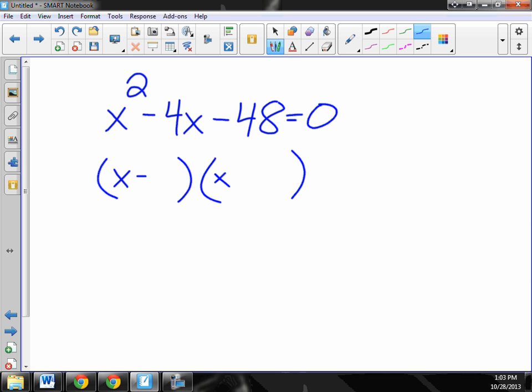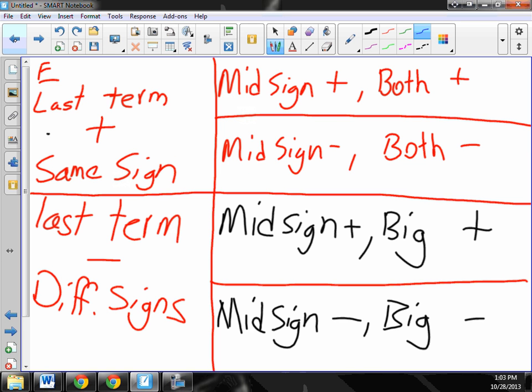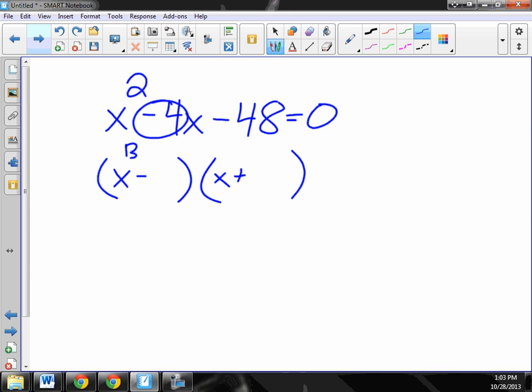So I'll just put minus and plus. What else do I know? What does this tell me? Look at the chart. Last term negative, middle sign negative tells me that the bigger of the two factors is the negative. So I know that the big number is going to go on this side.